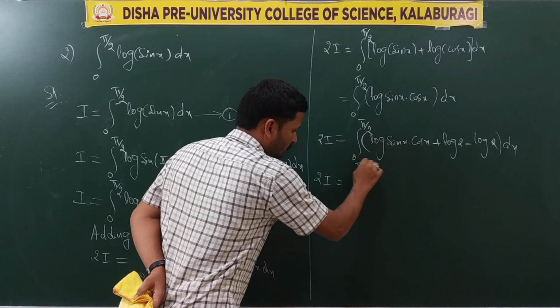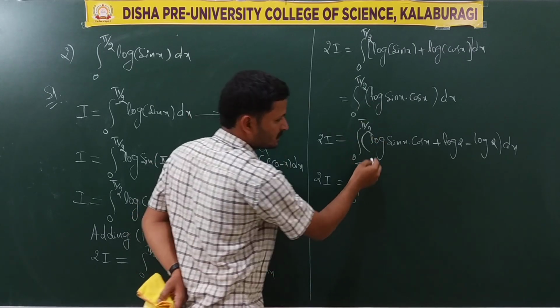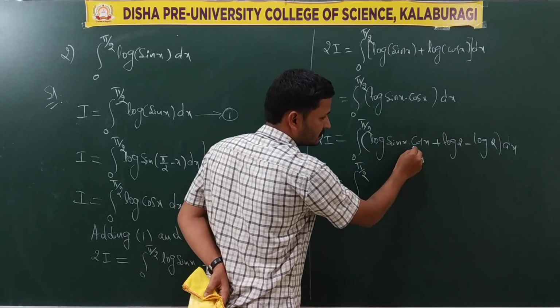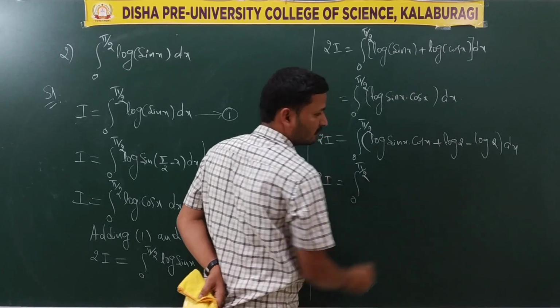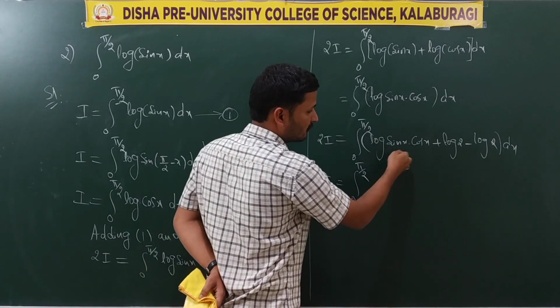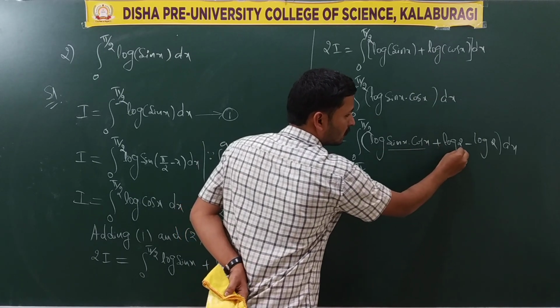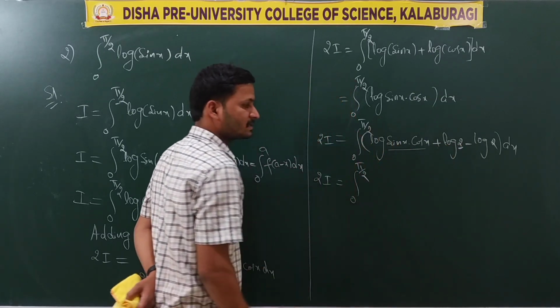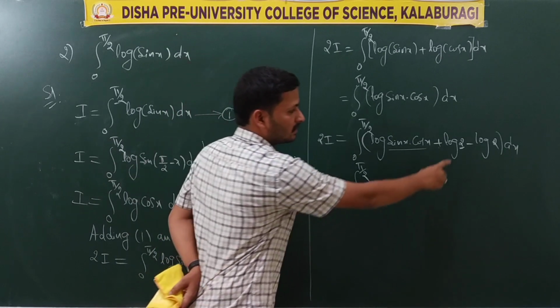integral from 0 to pi by 2. Observe this step: log of sin x into cos x plus log of 2. So again use the logarithm property, that is log of m plus log of n. Here m is sin x into cos x and n is 2.